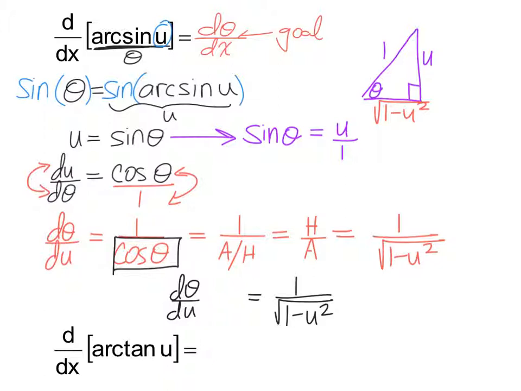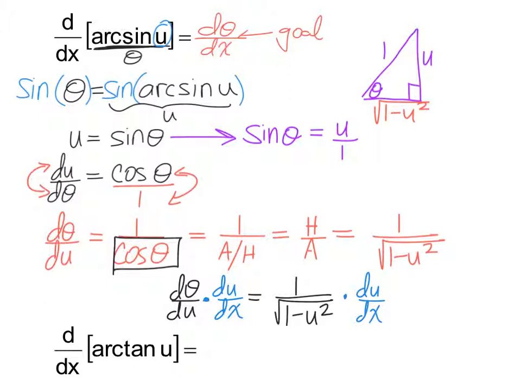Yeah. All right, so we can multiply that ratio by a new ratio that's going to keep the d theta the way it is, but get rid of the du. What would that ratio be? du dx. Good. But you can't just multiply to one side without the other. All right, so that's a little chain rule aspect to it, because any time we had a chain rule situation, we're always multiplying by du dx.